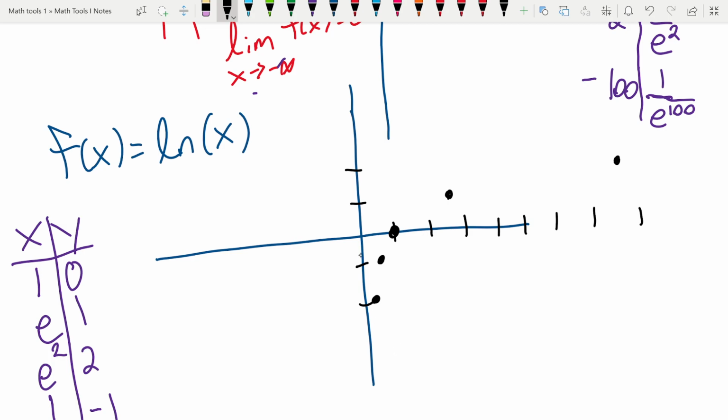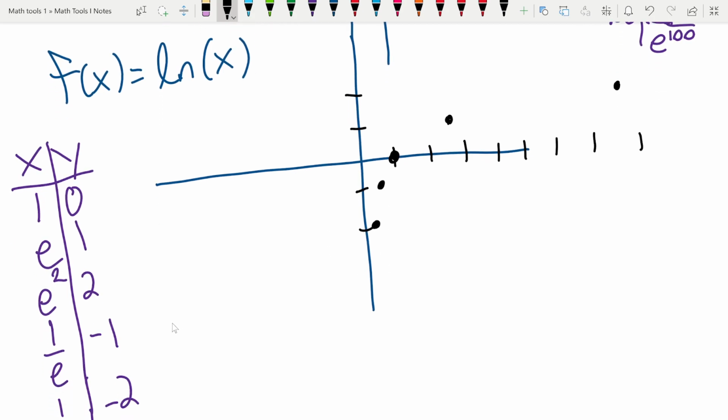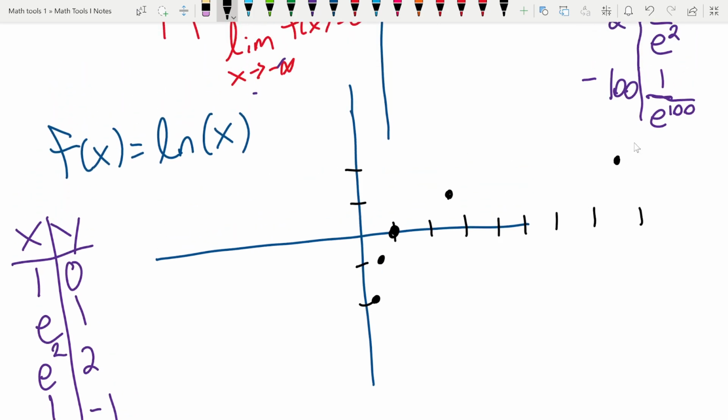And now, again, we can't plug in 0. So we can't see what's happening at x equals 0, but we can keep plugging in numbers closer to 0. And we'll see that it's just going to keep getting smaller and smaller. If we plug in 1 over e to the 100th, we're going to get out negative 100. If we plug in 1 over e to the 1 millionth, we're going to get negative a million.